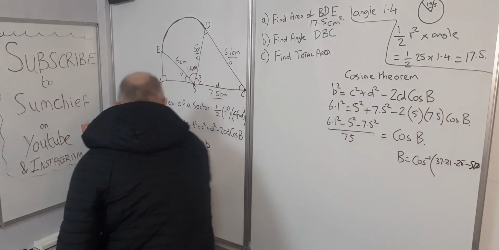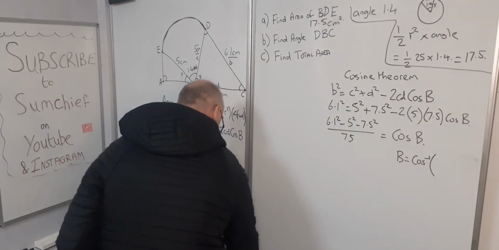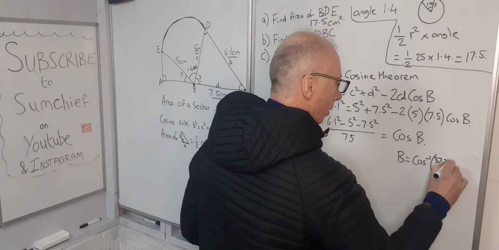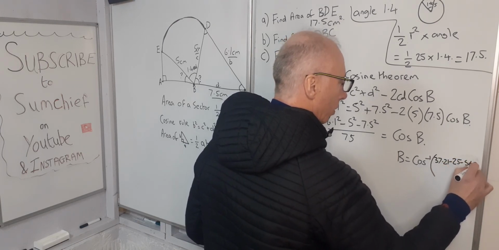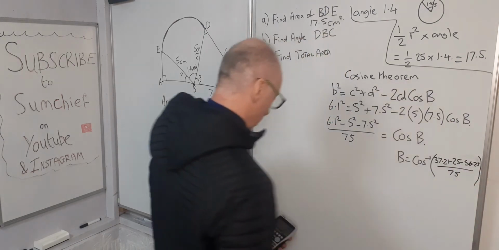Let's just write that out a little bit better: 37.21 minus 25 minus 56.25 over 75.